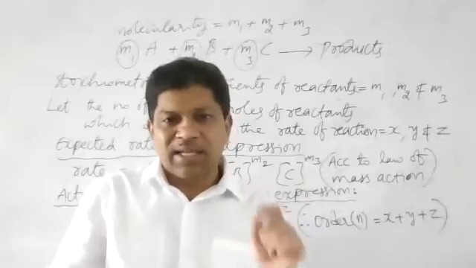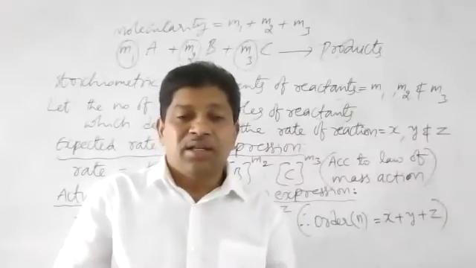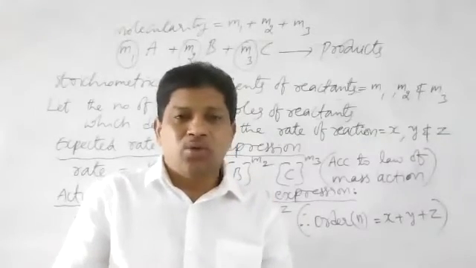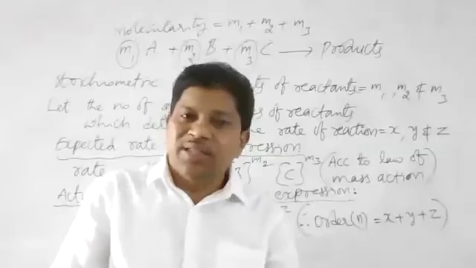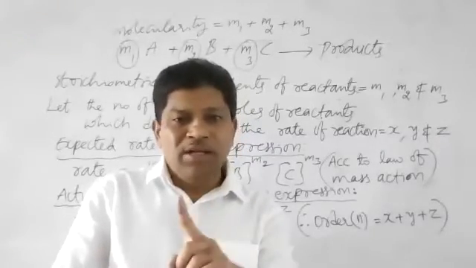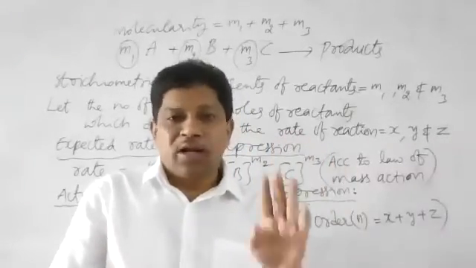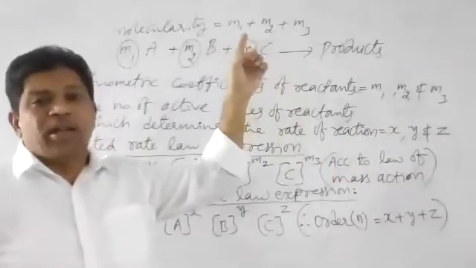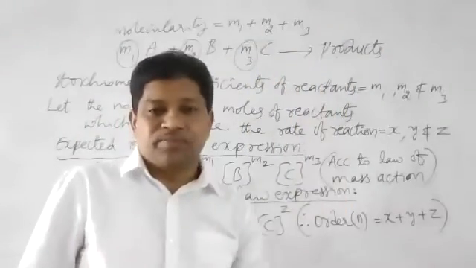Along the x-axis, y-axis and z-axis, if 3 molecules are approaching each other, they can effectively collide to convert into products. So the maximum molecularity will be 3. Molecularity 1, 2 or 3 is possible. Molecularity cannot exceed 3.